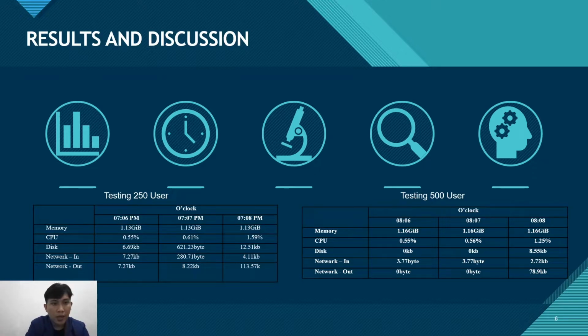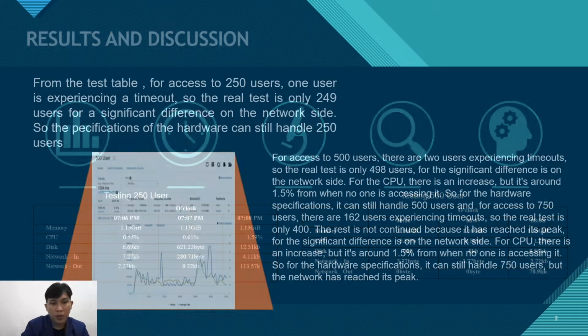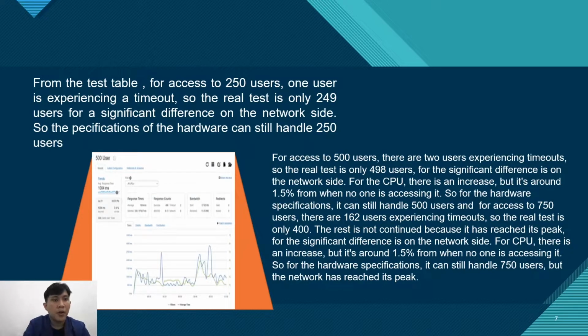Results and discussion. As we can see, testing 250 users with its specification and table. There is memory, CPU, disk, network in and network out, at 6 p.m., 7 p.m., and 8 p.m. Okay, from the test table, for access by 250 users, one user is experiencing a timeout.